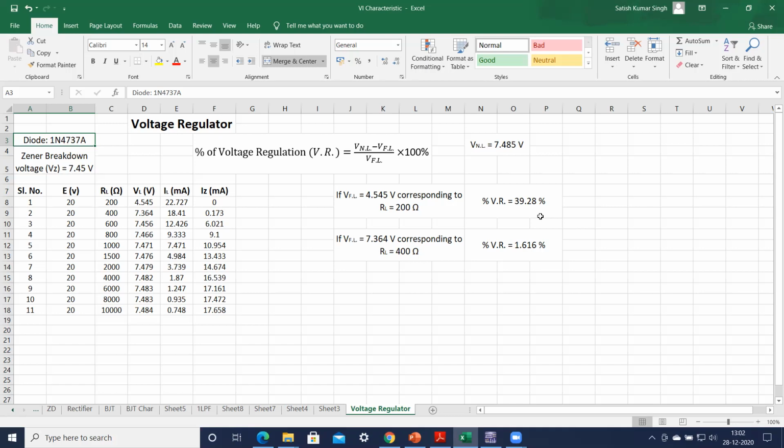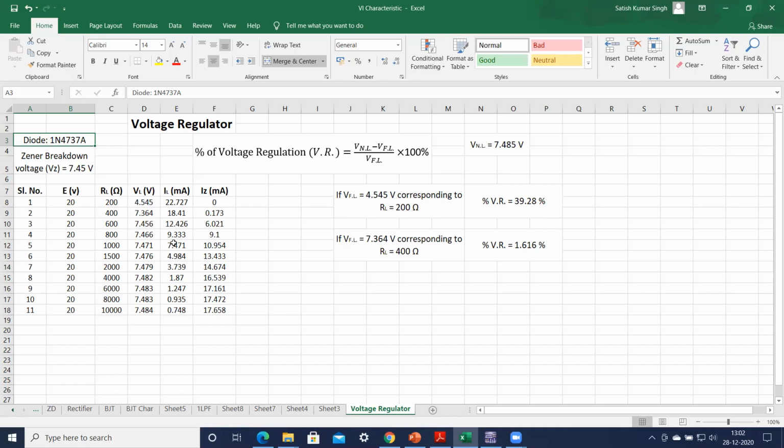Why? Because what we want is that whenever our load is drawing current, there should be no variation in the output voltage. But here you can see that it is 22.727, it is 4.545. When it is 18.41, the voltage is changing a lot.